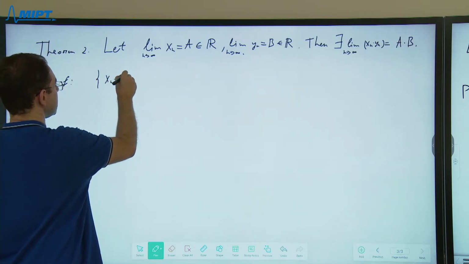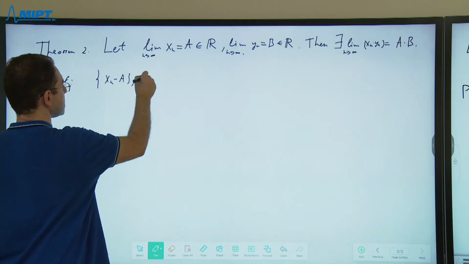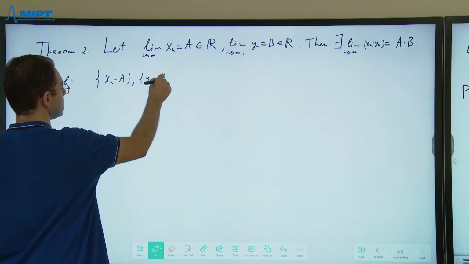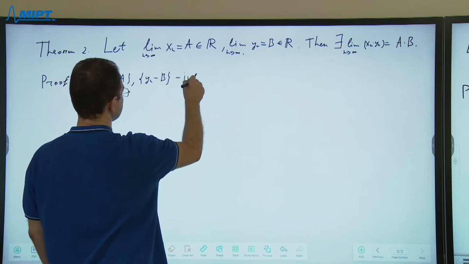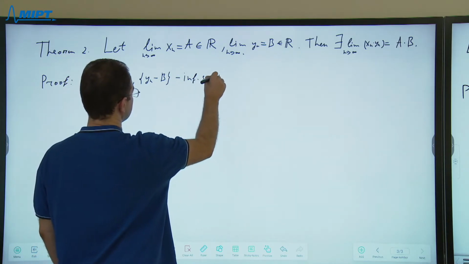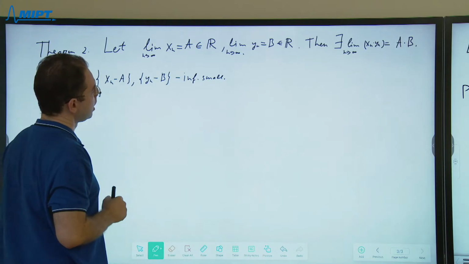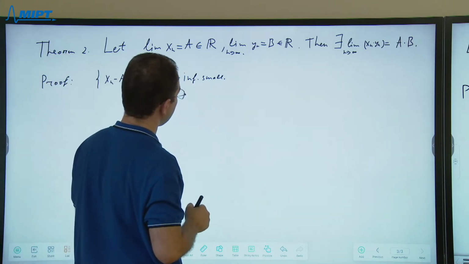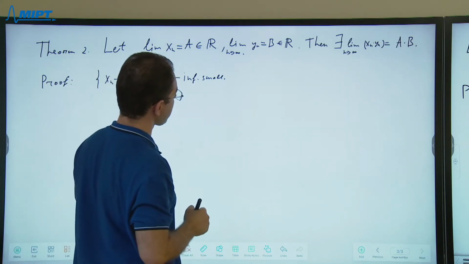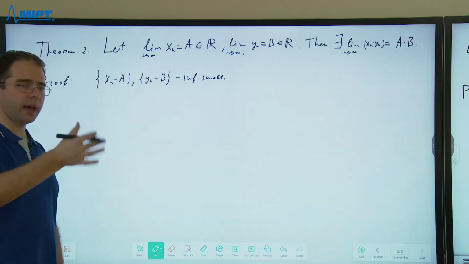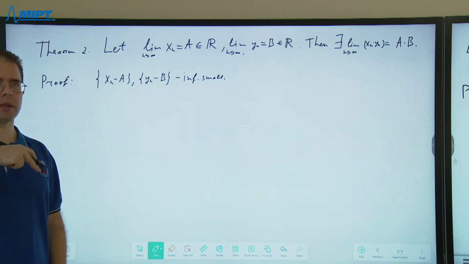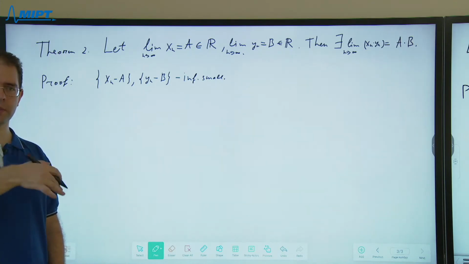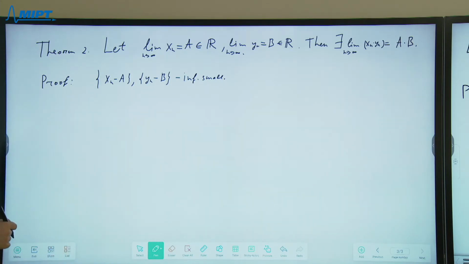Xn minus A and yn minus B are infinitely small. At the end I will prove that the sequence xn times yn minus A times B is infinitely small. This is my goal.